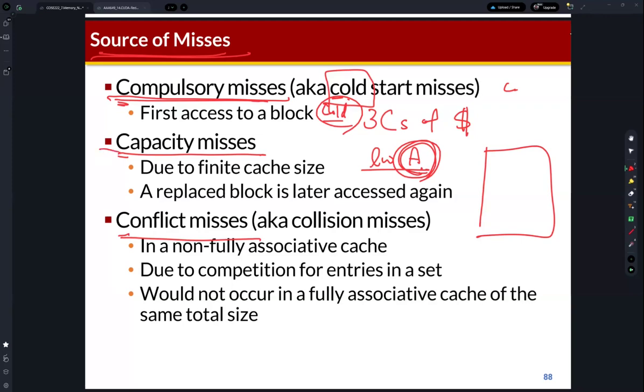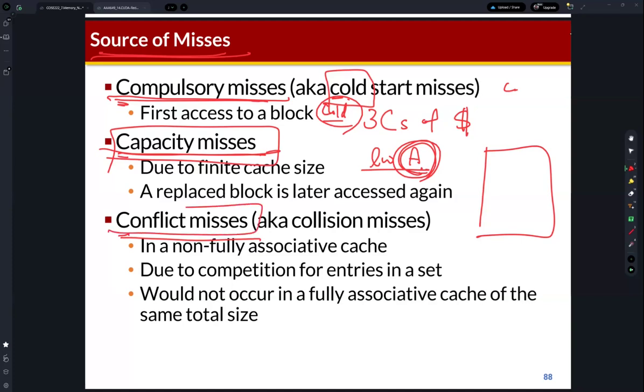And then capacity misses. The capacity misses represent the cache misses caused by the capacity limit. So the cache size is small, okay? And because of this, we can observe cache misses. This is called capacity misses.